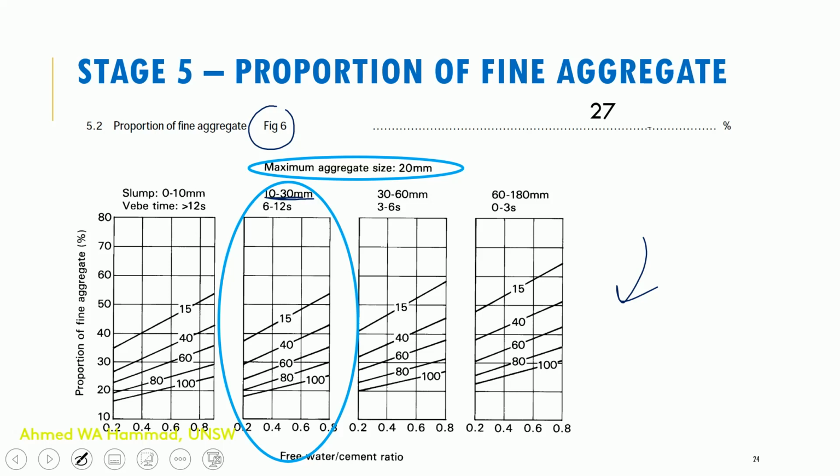Next, if I look at my x-axis on that figure, it's the free water to cement ratio, which we computed previously in step 1.7, 1.8. That was 0.47, so roughly it's somewhere over here. And then I need the percentage passing, which is given as 70% by the client.